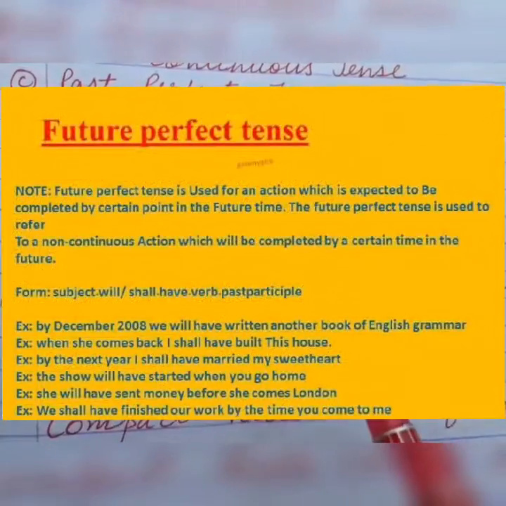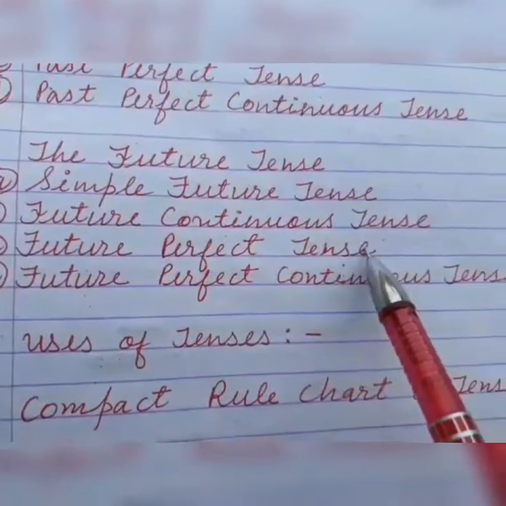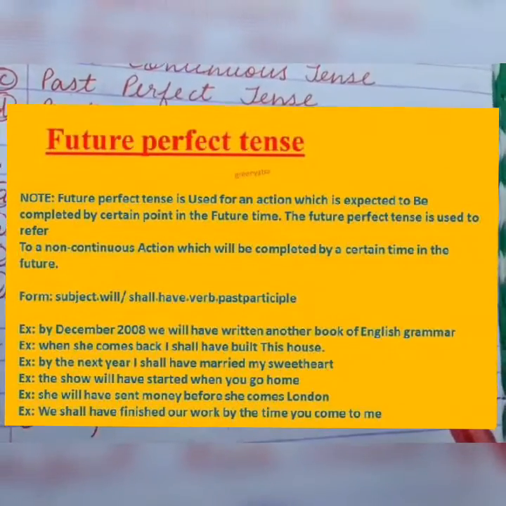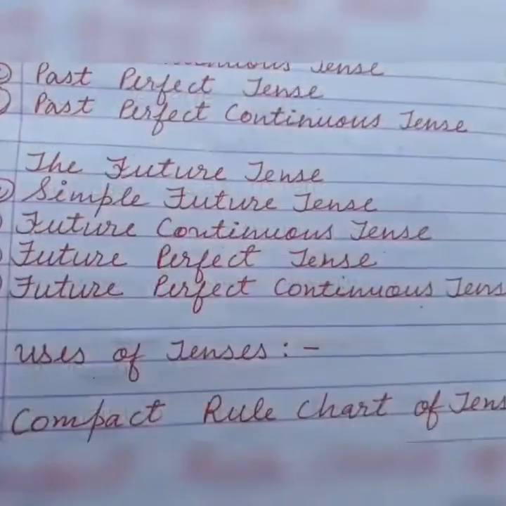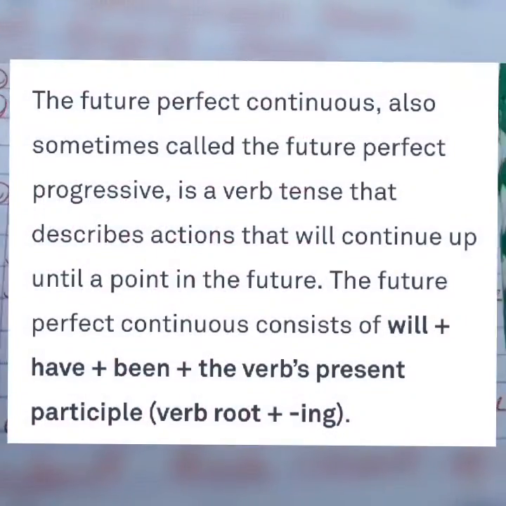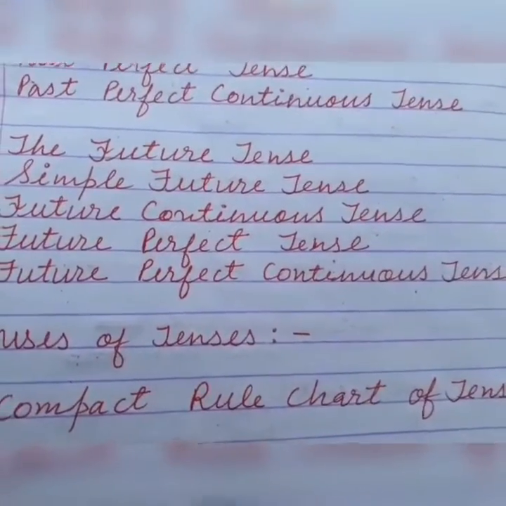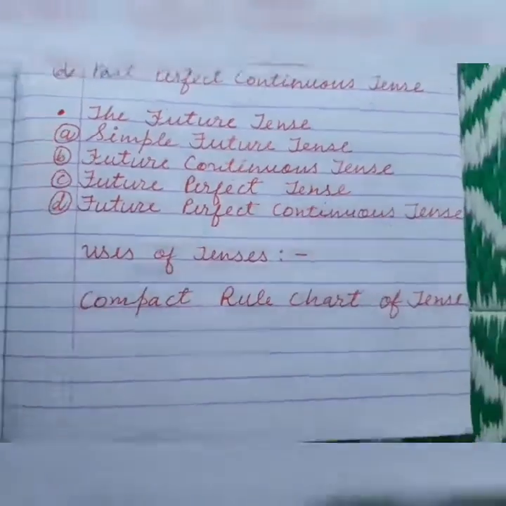And if it is supposed to be done, any work in future time, that is future perfect tense. And future perfect continuous tense you use, suppose that if any work will be completed in future time and it will go on for some time also, sometimes with an adverbial, there you will use future perfect continuous tense.